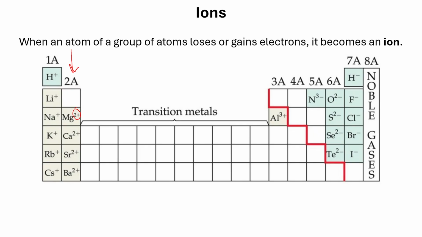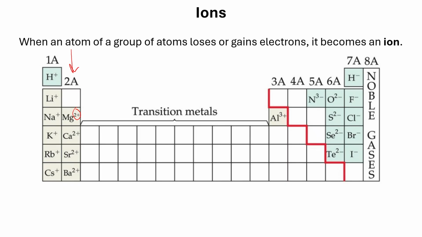In the periodic table, we talk about the metals, nonmetals and metalloids. So all the metals are on the left side of the periodic table except hydrogen. Metals always lose electrons. The number of electrons they lose is equal to the group number.